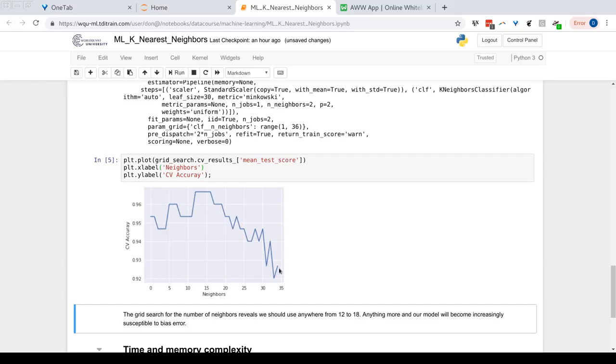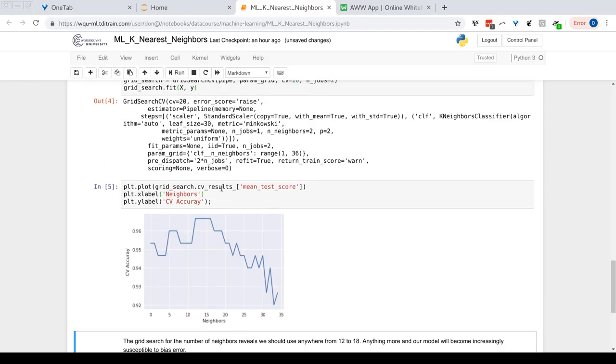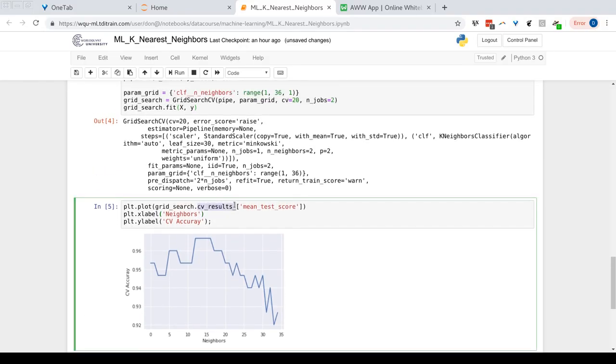So we see this idea of underfitting and overfitting played out when we inspect the cross-validation error. And you can get those cross-validation results via this attribute from our grid search called cv_results_. It's a dictionary with different outcomes, different analysis, different statistics, from applying the grid search cross-validation scheme when we fit that grid search object.